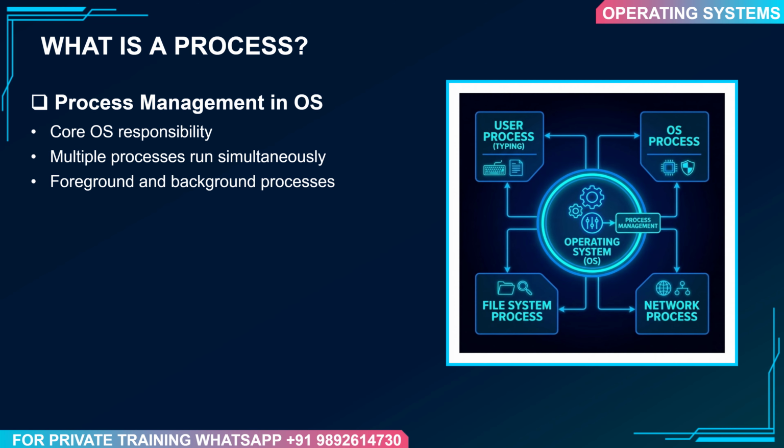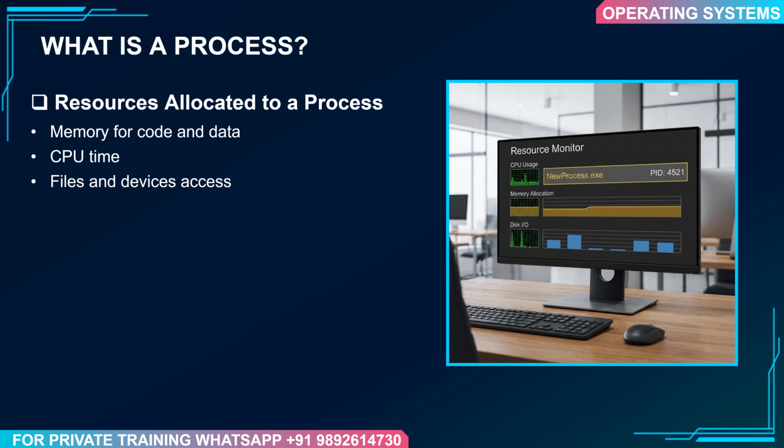All of these need to be managed carefully. When a process is created, the operating system gives it certain resources. These include memory to store its code and data, CPU time to execute instructions, and access to files or devices if needed. The operating system keeps track of all this information so that processes do not interfere with each other.